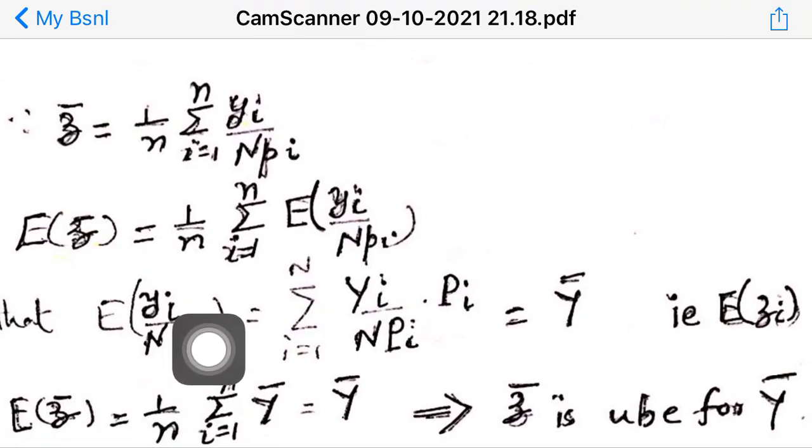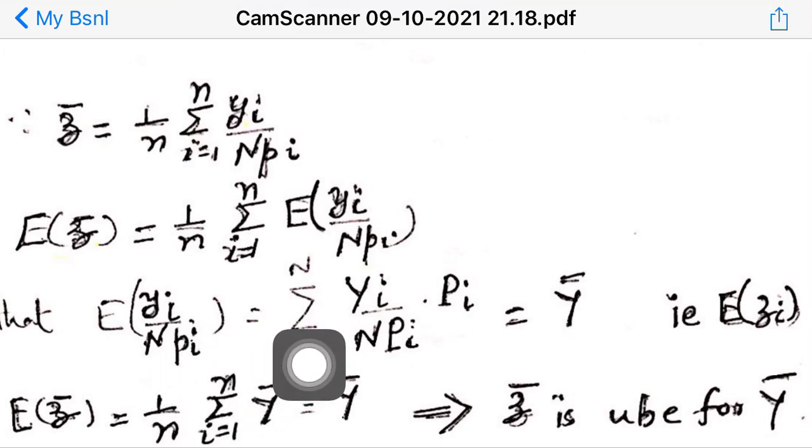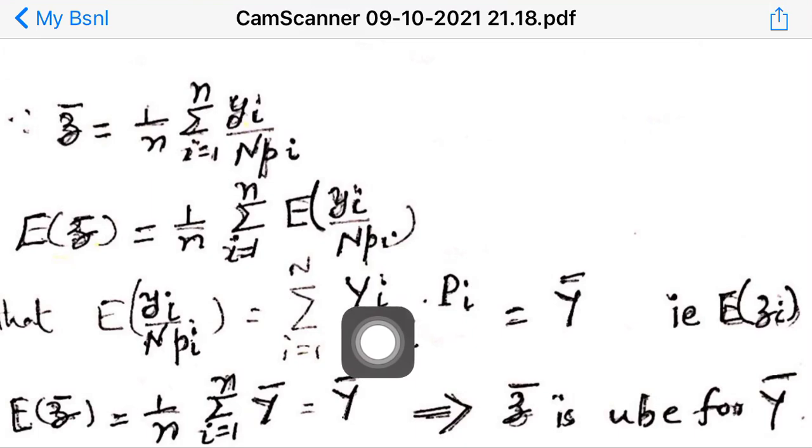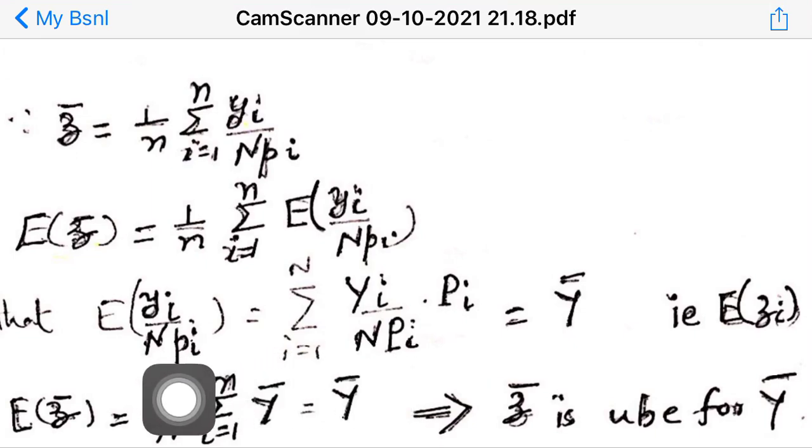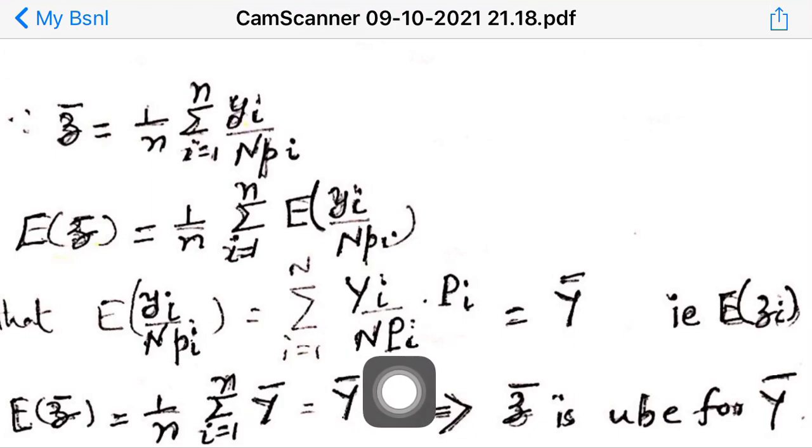You know what is expectation of yi divided by n into pi? It is a statistic, and it may be either capital Y1 by n into capital P1 or capital Y2 divided by n into capital P2 and so on. So the values of this statistic are capital yi divided by n into capital Pi.